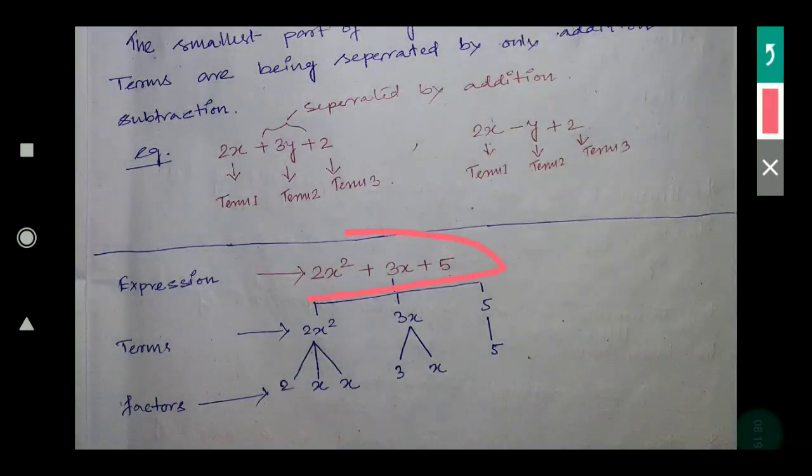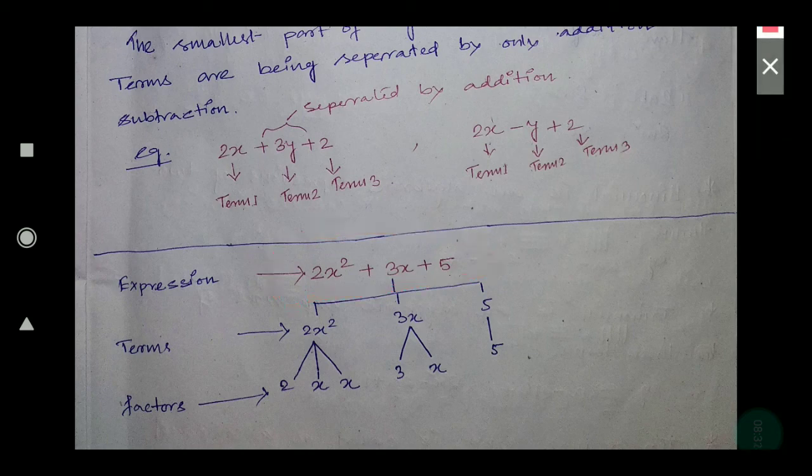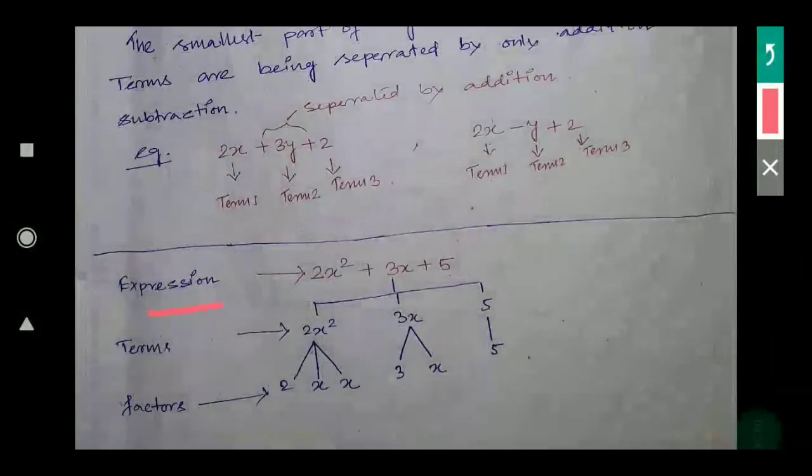Here one expression is given, this one. In that expression, what are the terms? This one will be one term, this one will be one term, this one will be one term. See, here I have written the expression: the first term will be 2x square, another will be 3x, another will be 5.